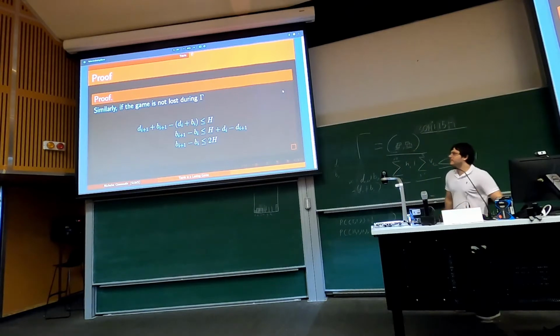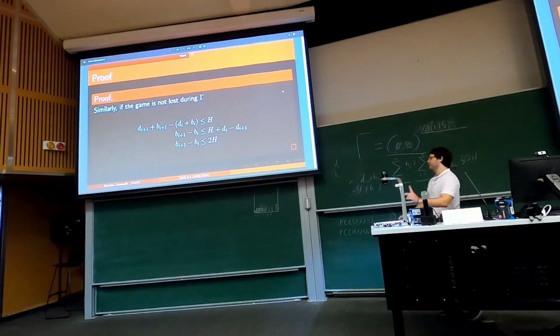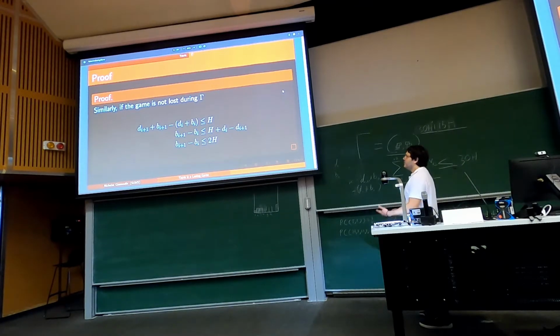So that's where this inequality has come from. And for the same reason as the last inequality, this must also be less than or equal to h. And with a little bit of rearrangement, we find the following, which gives us this inequality.